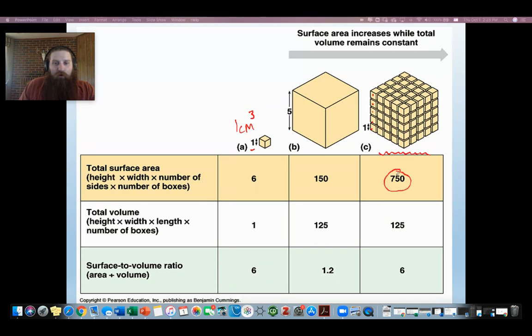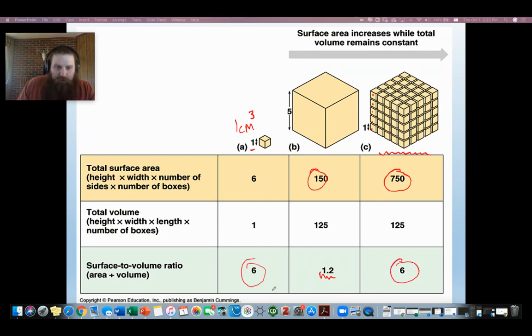Surface area of C is 750, while B is only 150. So if I look at the surface to volume ratio and compare the two, that would be the surface area divided by the volume. This is a pretty low surface to volume ratio, 1.2. It's not great. But over here we have 6.